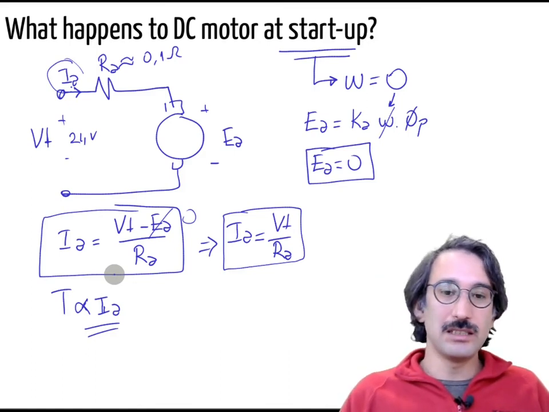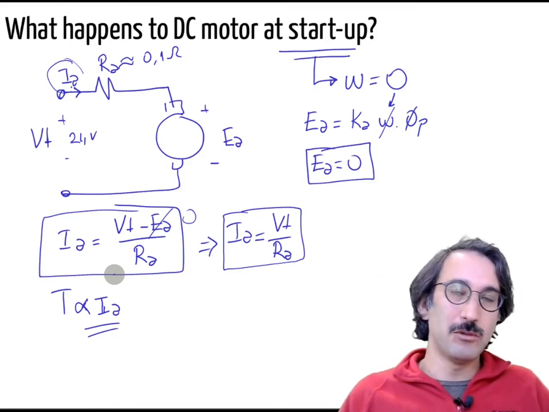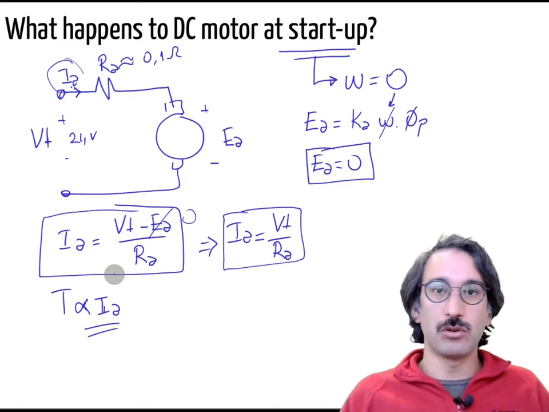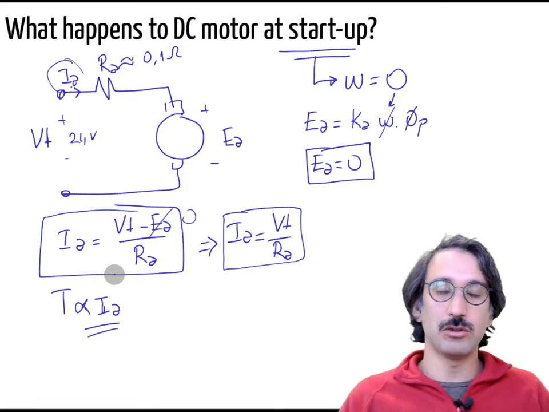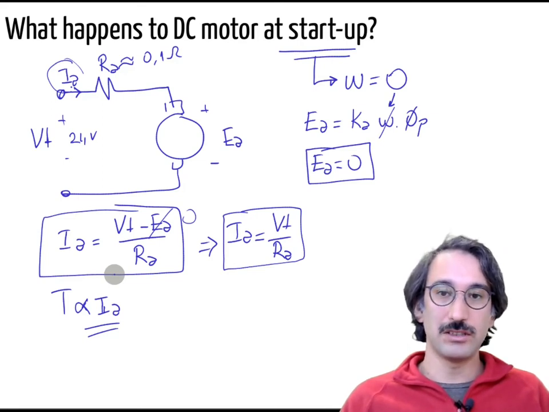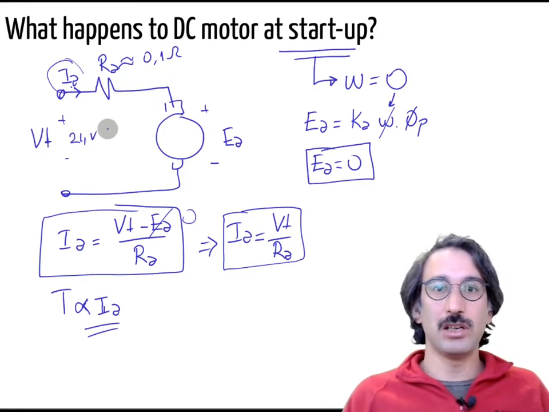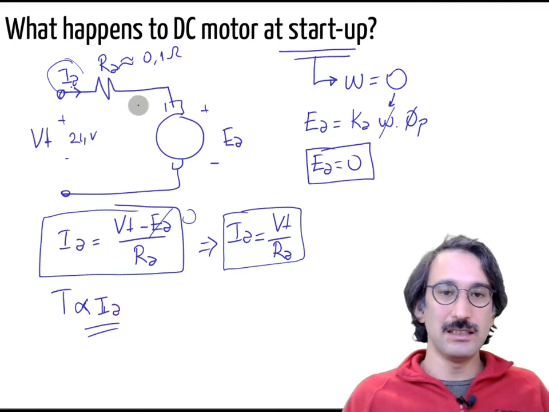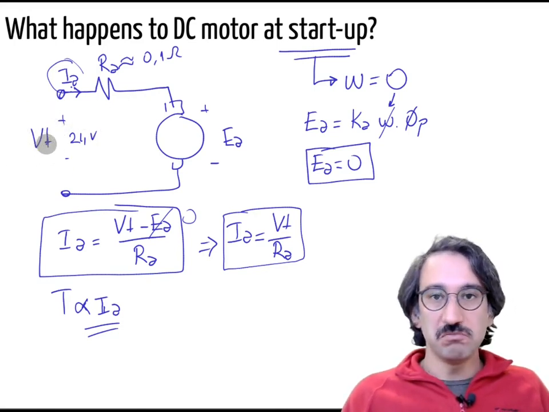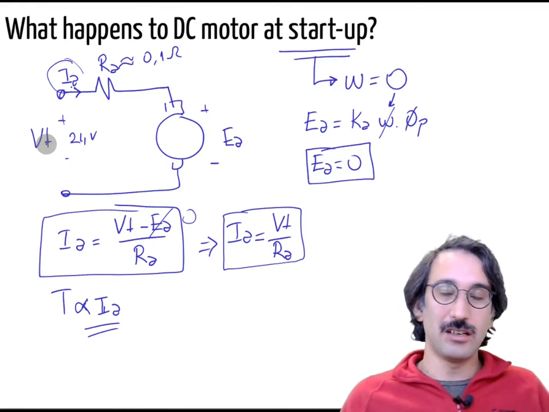So that can be a good thing and that can be a bad thing. The good thing is the more current you have, the more torque you generate, so electrical motors are able to produce really high torques during startup. And the bad thing is your voltage source should be capable of giving 240 amps like in this case, or you can damage your voltage source, or you can accelerate in an uncontrolled manner.